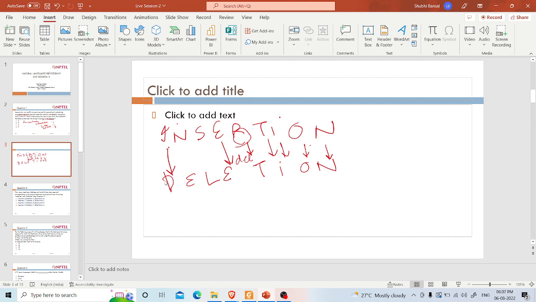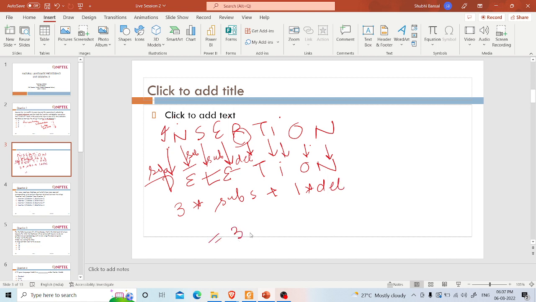And similarly, to convert I to D, we can perform one substitution. N to E, perform a substitution, and S to L also one substitution. So we perform four operations: three are substitution and one is deletion. Your minimum distance will be 3 into substitution plus 1 into deletion.